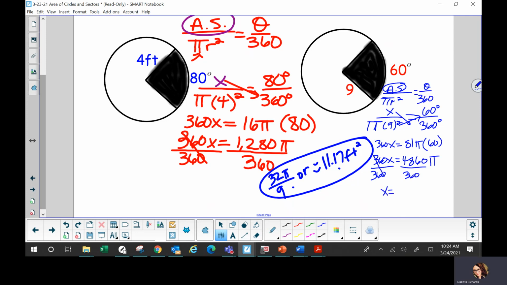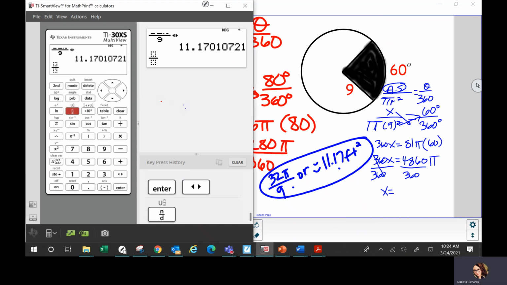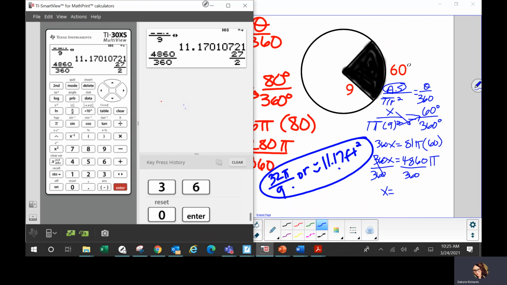Okay. 4,860 over 360. Sorry, guys. You know, the pi goes on top, right? It goes with the 27. So if you want to leave it in terms of pi, your answer would be 27 pi over 2, right?